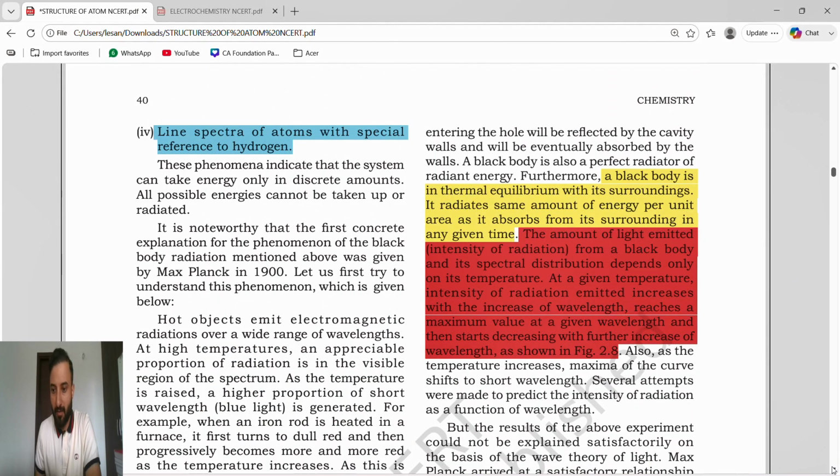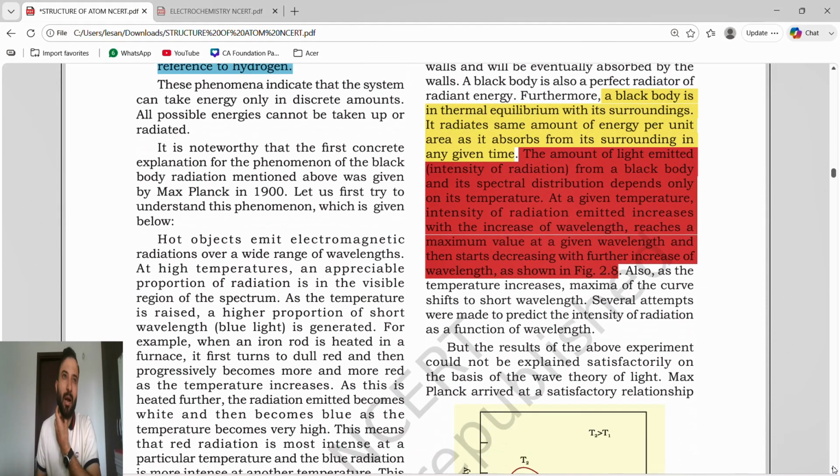Okay, now guys, see here, we know that a black body will absorb the heat from the surrounding. Correct? Okay. What will happen, guys?